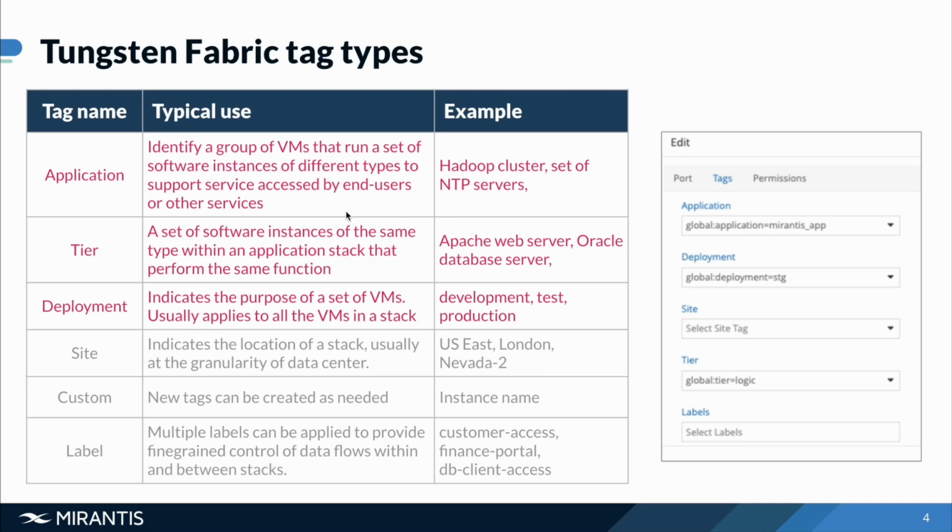In our lab exercise, we'll tag VM ports by using the first three tag types shown in the table. The application tag will be leveraged to identify all the application components. Tier tag will group instances of the same type within the application, whereas the deployment tag will facilitate isolation of the application deployments such as development and staging.